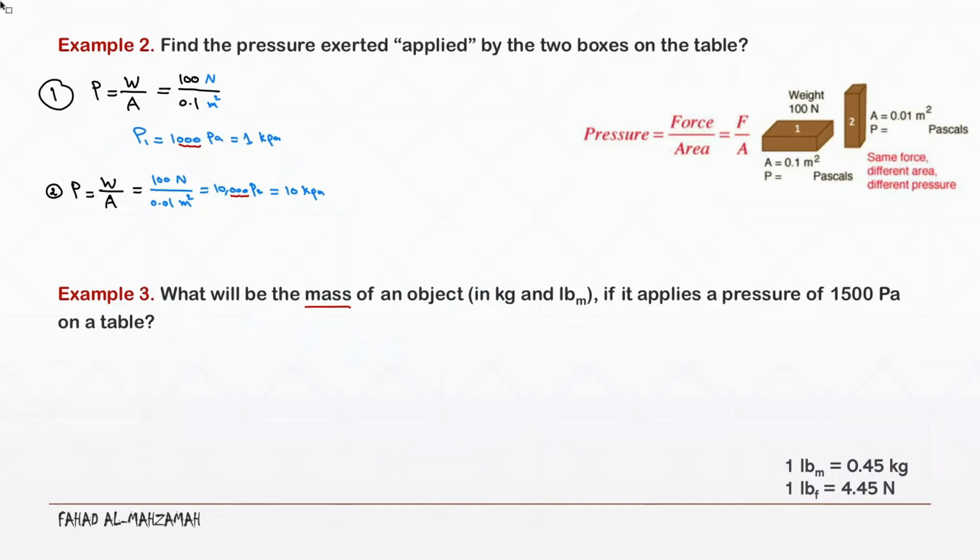So first you write the mass of the object. This is the problem, this is what we are trying to find. Now we know that the pressure is given as 1500 Pascal, which is Newton per square meter.